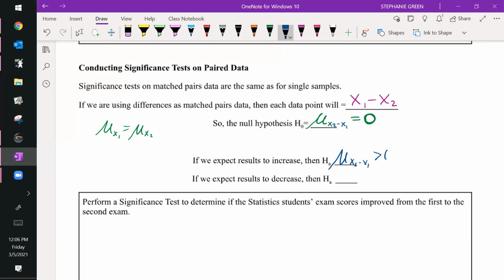Okay, we saw that in our test scores. The test they took second minus the test score they had first, when I subtracted them in that order, all of those numbers were positive, indicating that their exam scores had increased. Okay, if they had done worse in the second exam, then we would see negative differences, so less than 0.